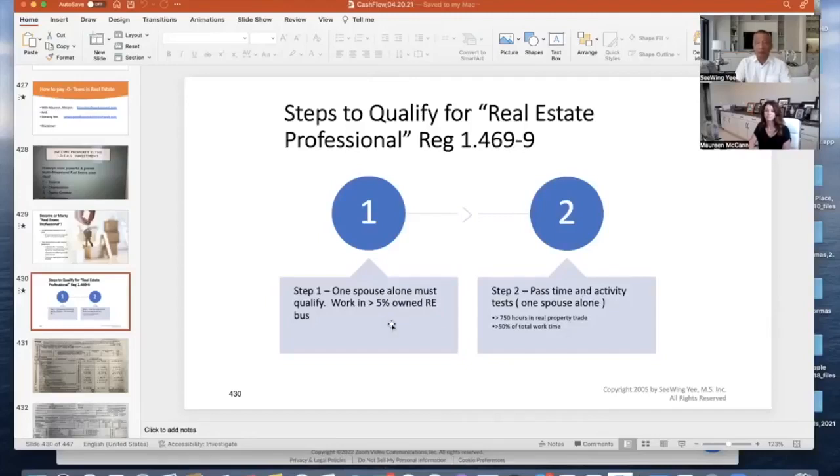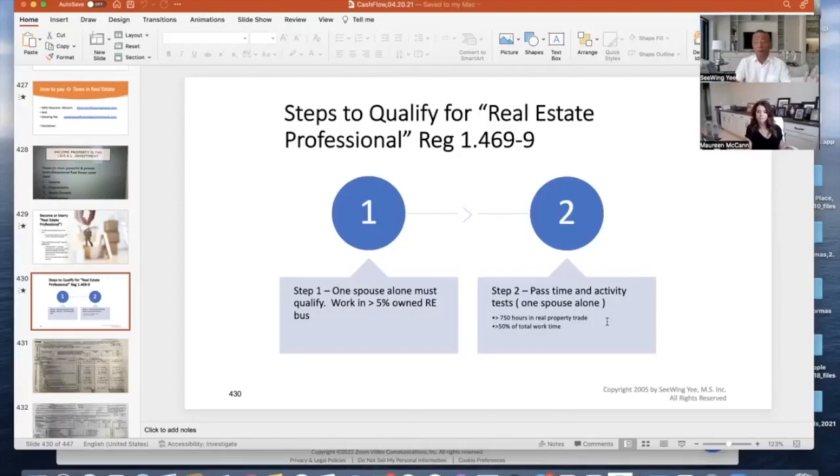So far so good. Step 2 is you must pass the time and activity test. I know the writing is quite small, but you must perform rental activity on an annual basis, for the qualifying spouse, to the tune of 750 hours per year in real property trade, or 50% of your total work time.